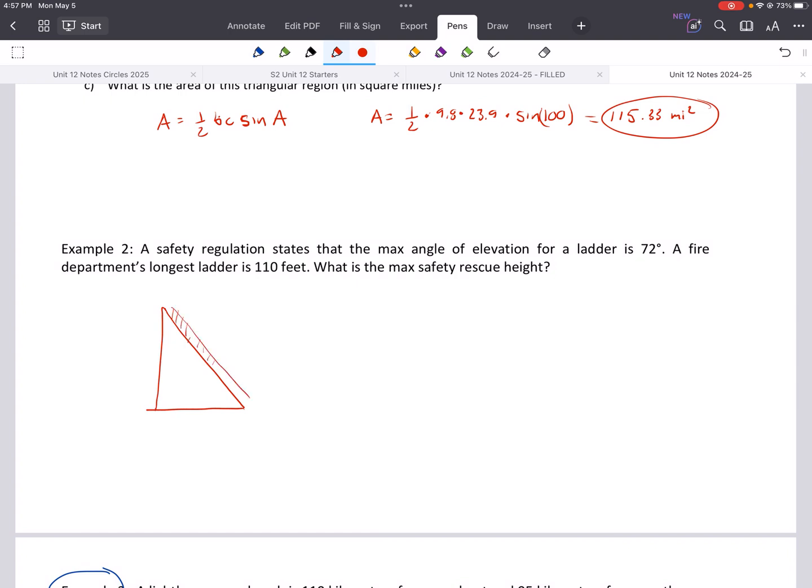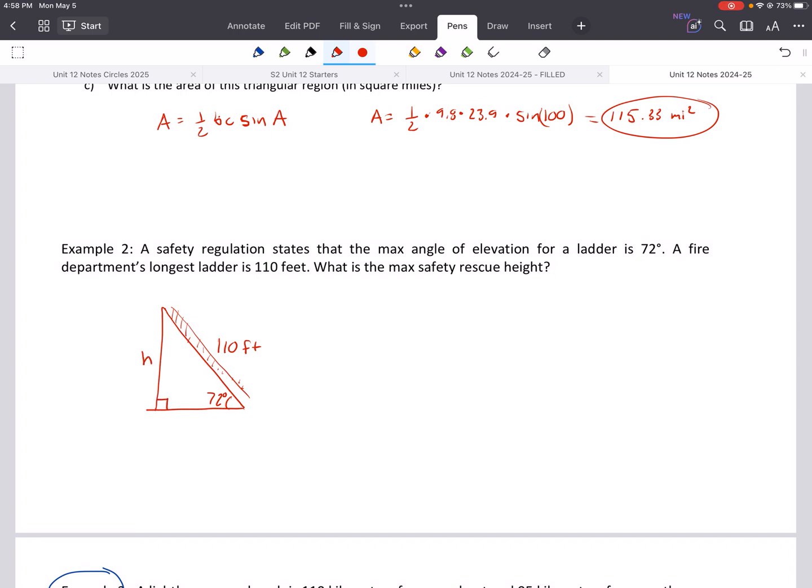Sorry, drawing a ladder. And it tells us this angle should be 72 degrees. A fire department's longest ladder is 110 feet. What is the max safety rescue height? So they want to know what this is.